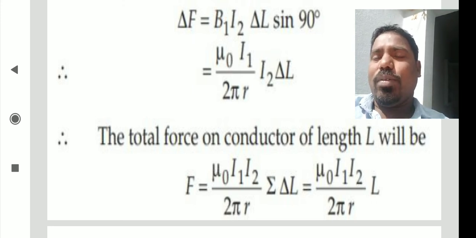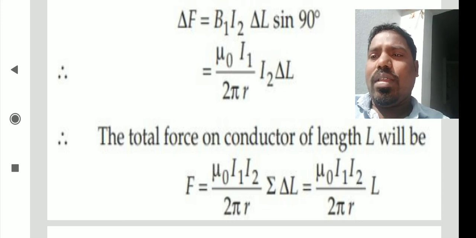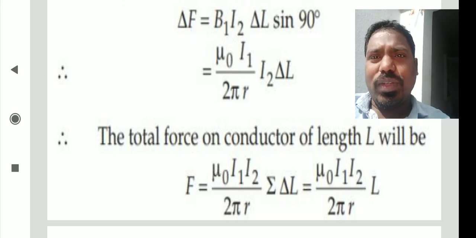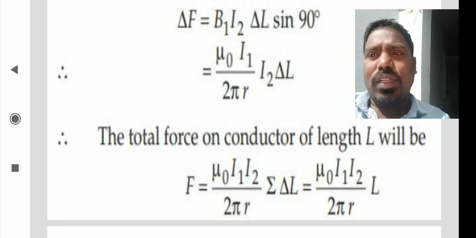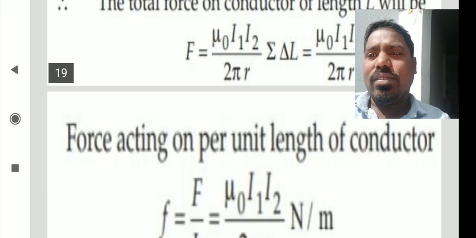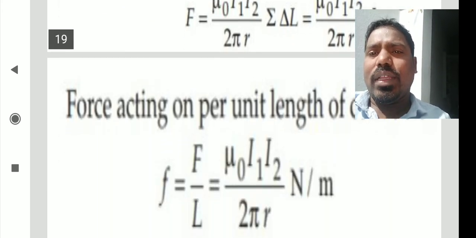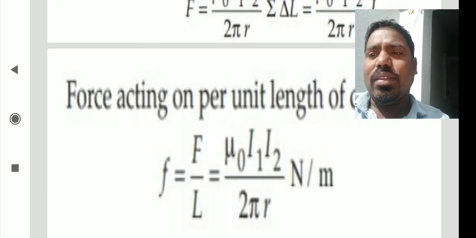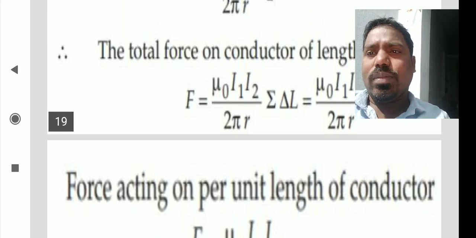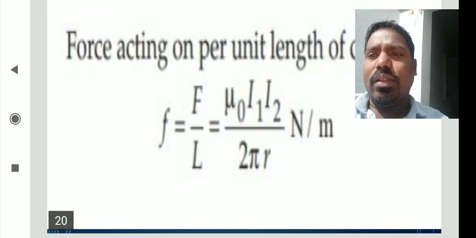So this is our task. Now somebody is asking: what is the force per unit length? The force acting per unit length of a conductor is considered small f equal to F by L, which is nothing but mu naught I1 I2 by 2 pi r.